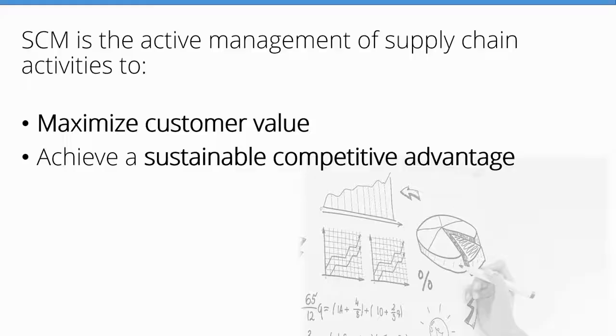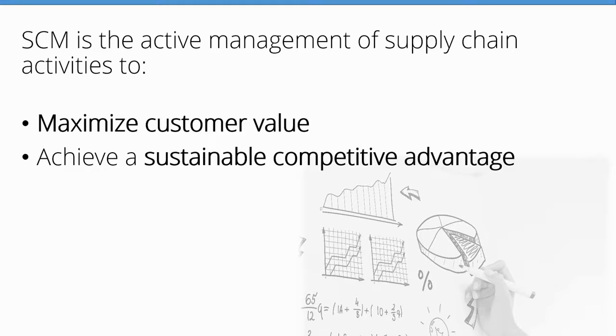As we wrap up this section on what is supply chain management, again, supply chain management is the active management of supply chain activities to maximize customer value and to achieve a sustainable competitive advantage. Our customers are everything in terms of our business. We want to make sure we have the best product at the right place at the right time.